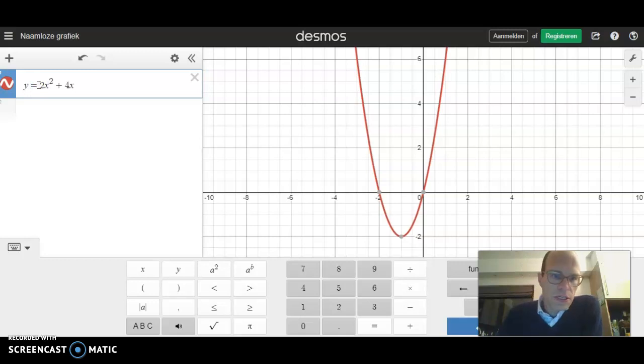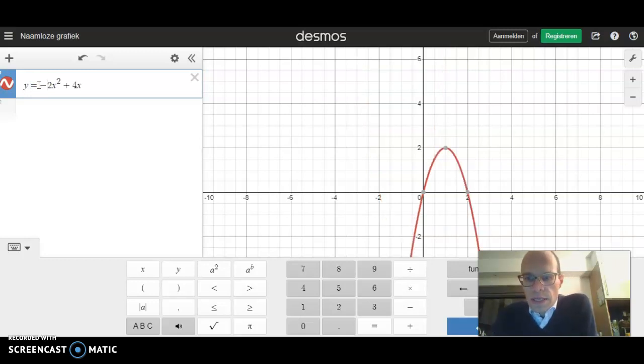If I change it into a negative number, you can see it is not smiling anymore. It is a sad parabola, and that sad parabola is negative. It has a sad face, a sad smiley, and that's negative. So a negative number in front of the x squared means that it is sad, so it is a downward facing parabola.